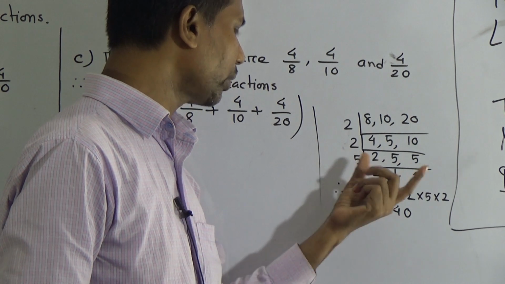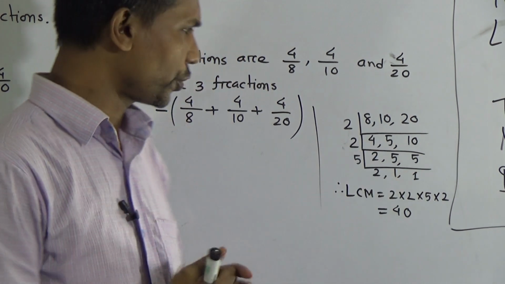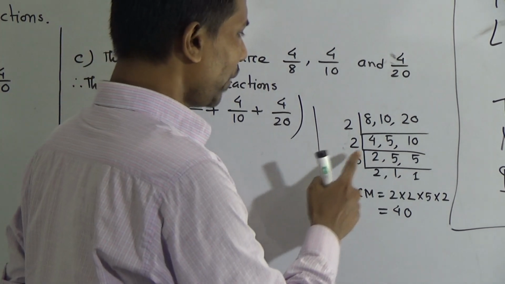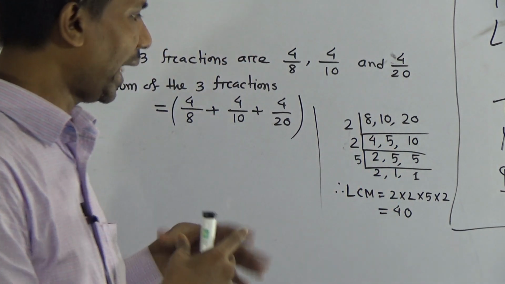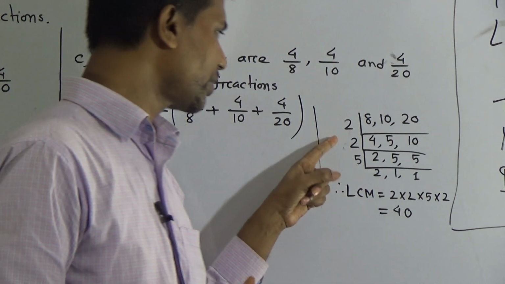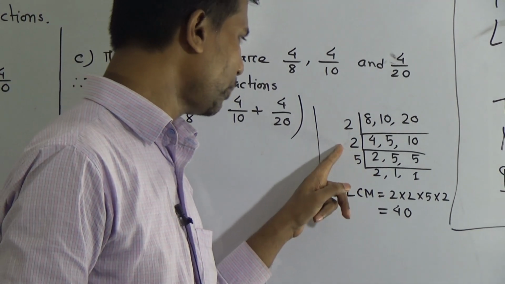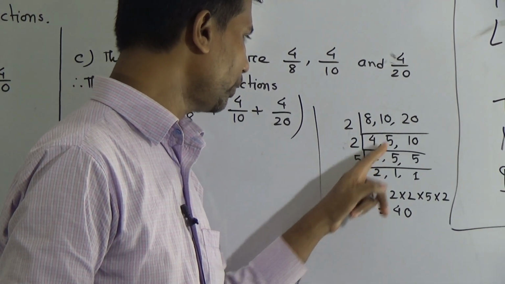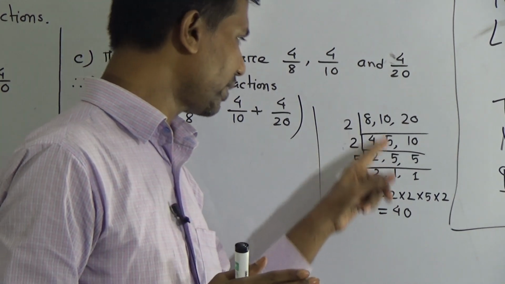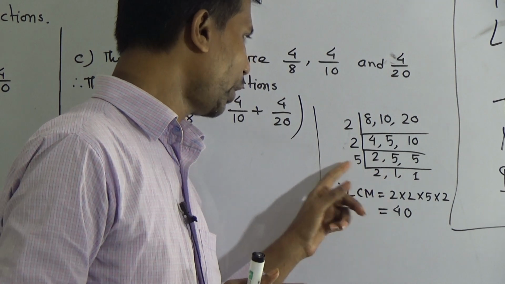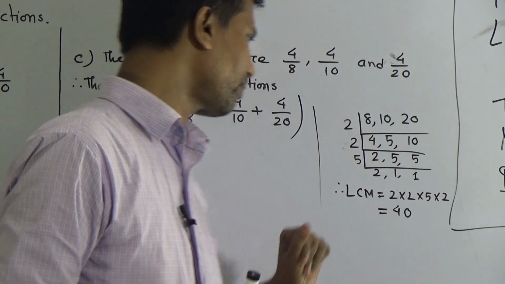You know student, if any two numbers are divisible by any number, then we will select that number. That means if we divide 4 by 2, then we get 2. 5 is not divisible by 2, so 5 is remaining same. Now divide 10 by 2, then we get 5.